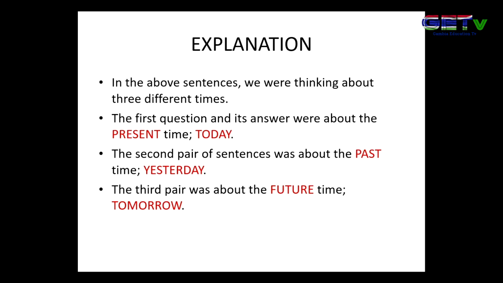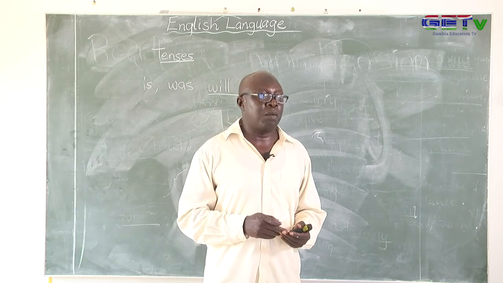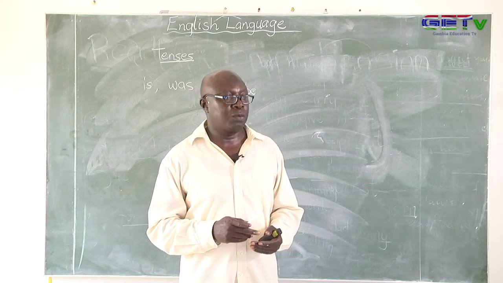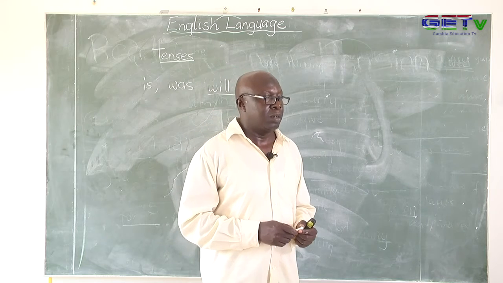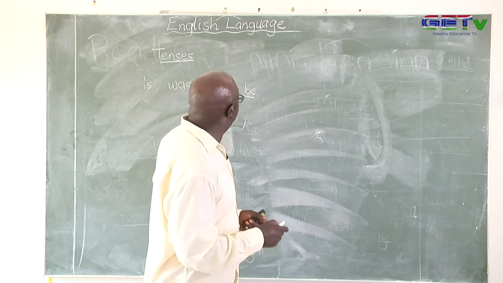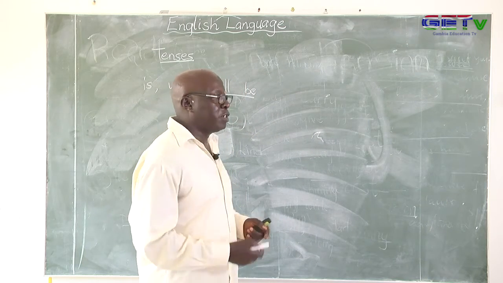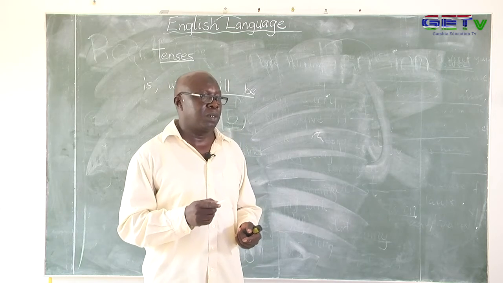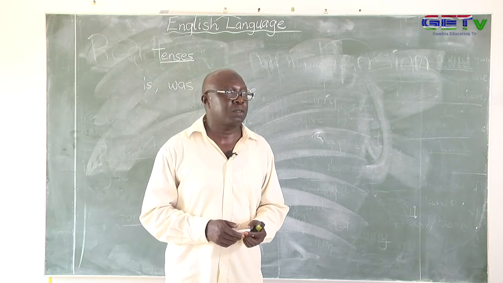Now, we are talking of three different times here. Yesterday, today, and tomorrow. And remember, we said the verb to be in our last lesson includes is, am, are, was, were, and this same verb is now changing different forms in three different sentences.